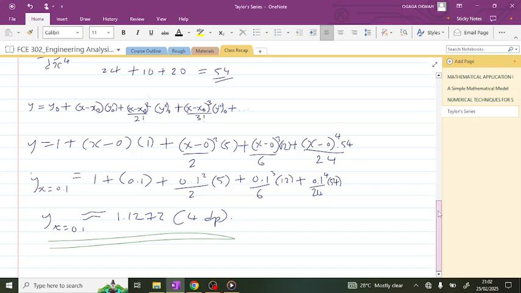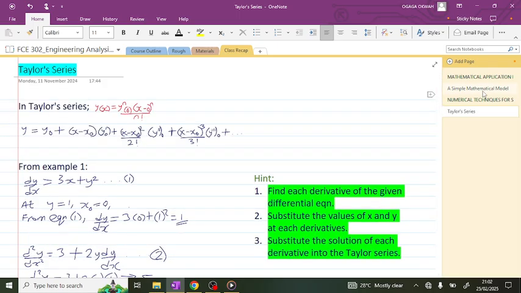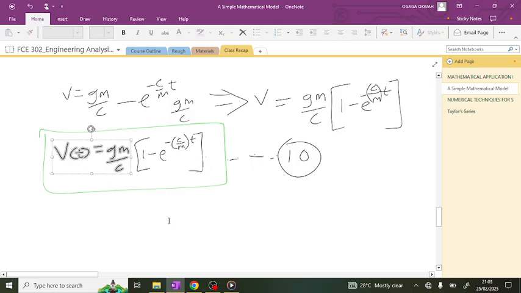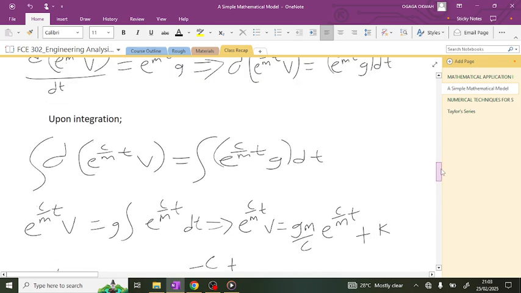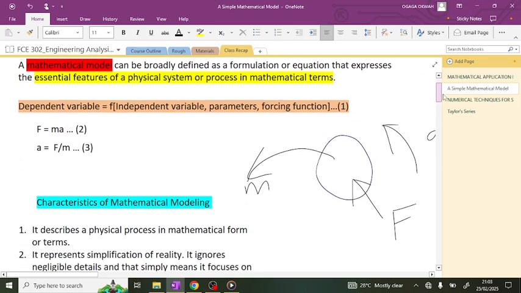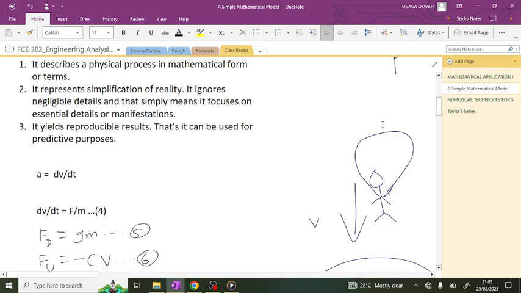So in this video, we are going to do the Taylor series, but we are going to take it from this point right here. Looking at this solution, it can be referred to as the exact solution of what we had when we talked about terminal velocity, when we calculated that from this point, trying to calculate the terminal velocity of the parachutist.